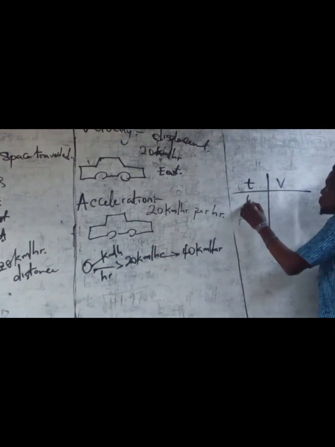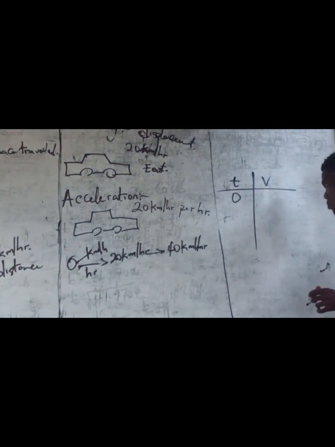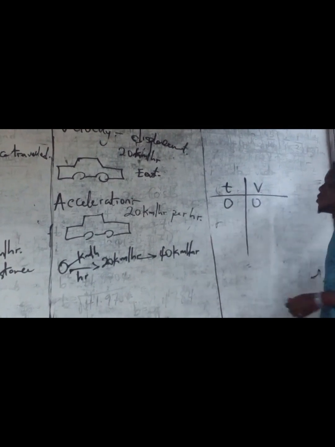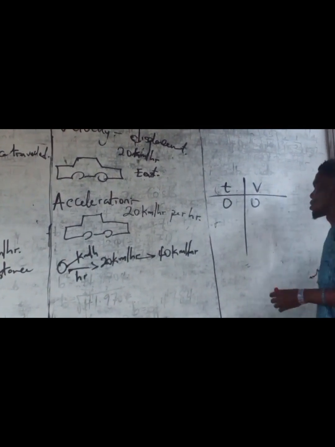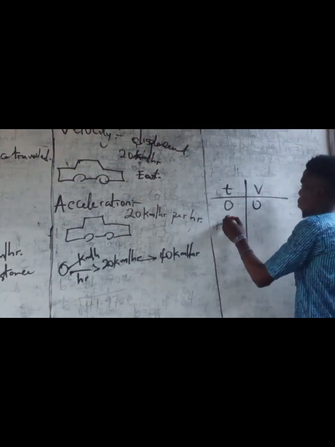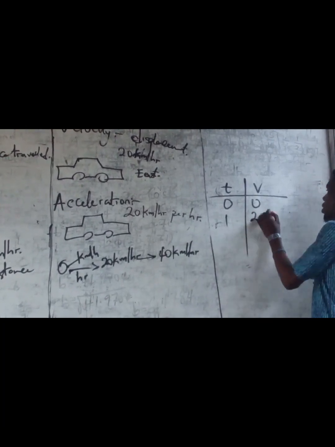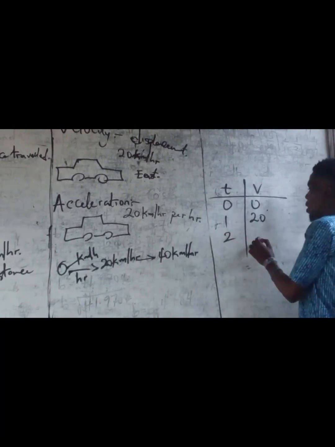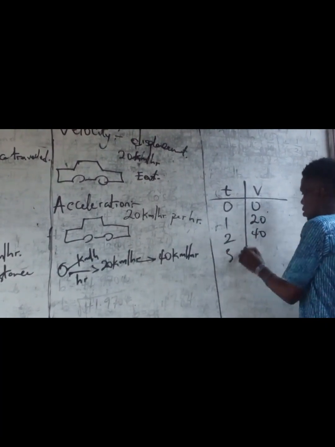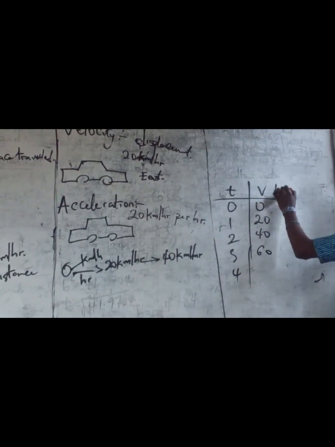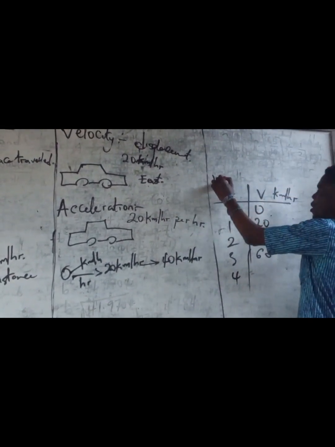At the 0th hour, when it was at rest, it had no velocity. The next hour, it had 20 km. The next hour, 40. The next, 60, like that. So this is in kilometers per hour, and this is in hours.